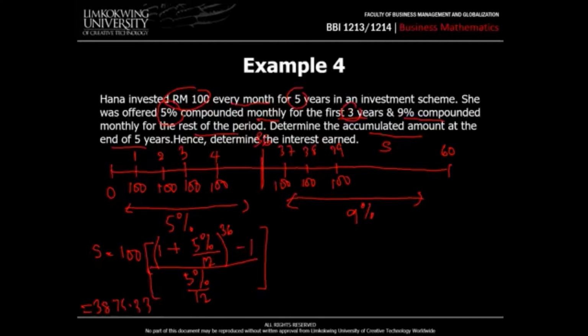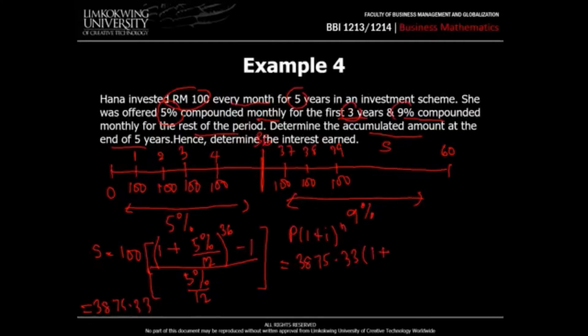So this one is compounded monthly for the rest of the period. So it means that you have another future value, which is this one. So using the formula with P(1 plus i)^n, here you got 3875.33 multiplied by 1 plus, what is the i here?